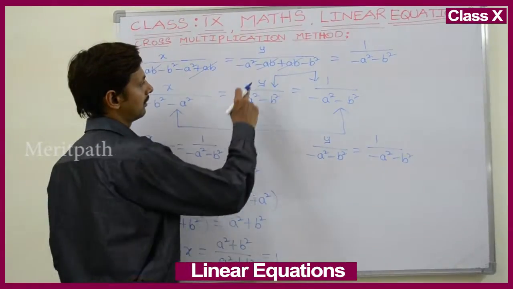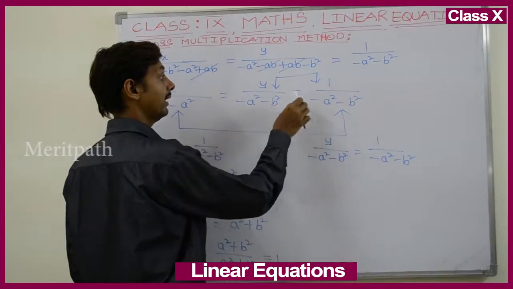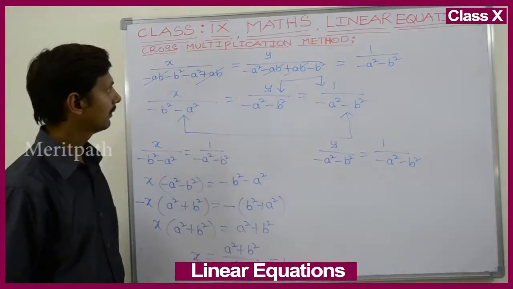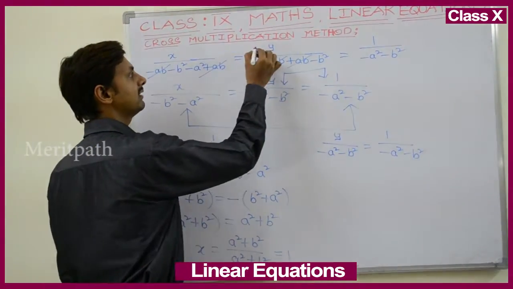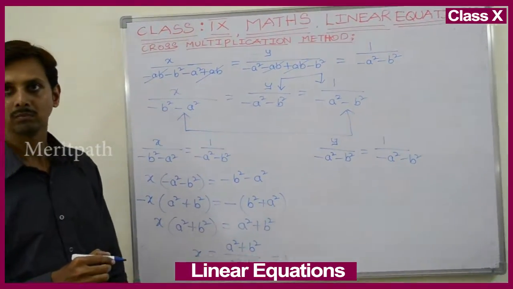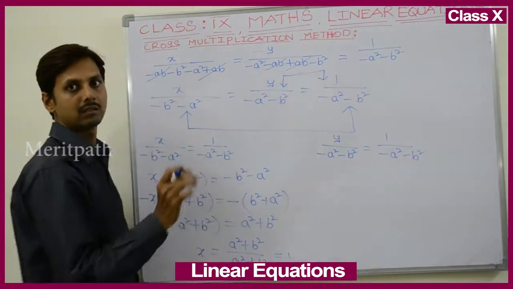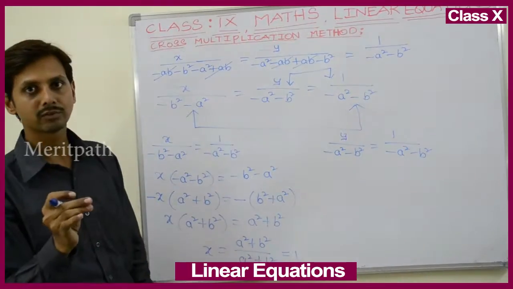Let's find out the value of y. y by minus a square minus b square is equal to 1 by minus a square minus b square. We need to take the value of y as minus, as we have done in the previous problem. In the formula we have minus y by the coefficients of x and the constant values.